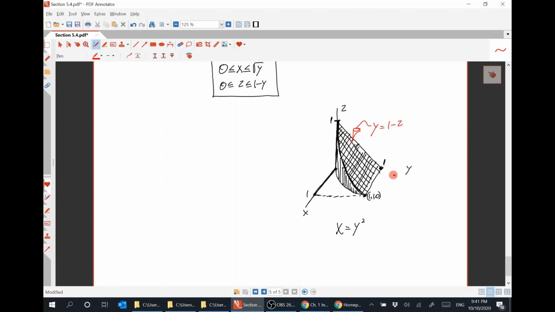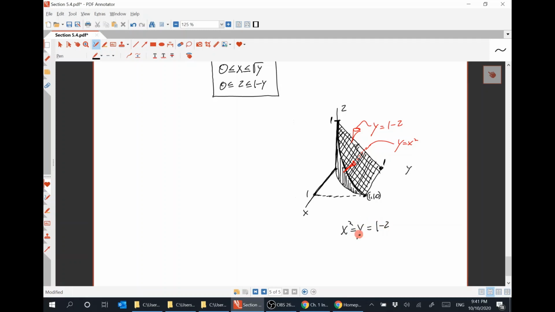And then down in here, y equals x squared is that cylinder over there. So y is equal to x squared, and then y is equal to 1 minus z.